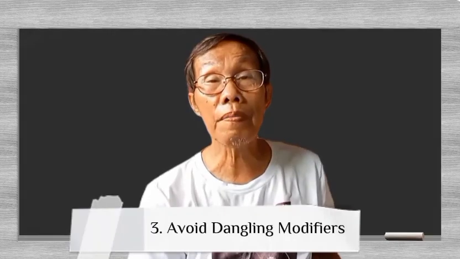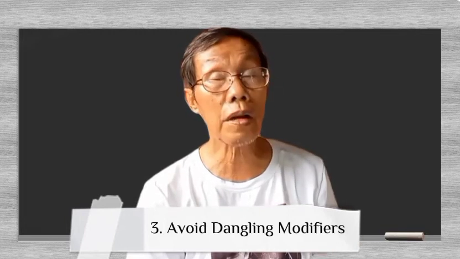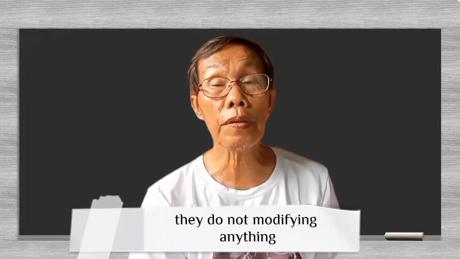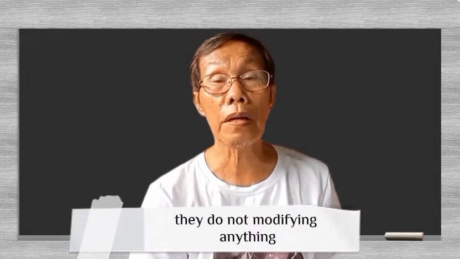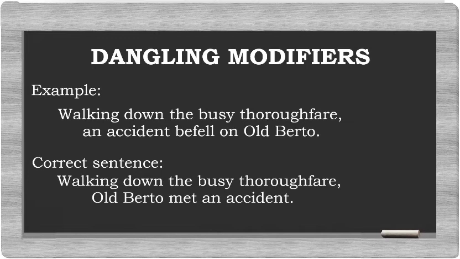avoid dangling modifiers. What are dangling modifiers? These are modifiers that do not modify anything. In other words, wala silang minomodify. Look at this sentence here. Walking down the busy thoroughfares, an accident befell on old Berto.